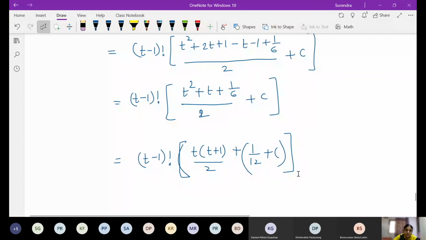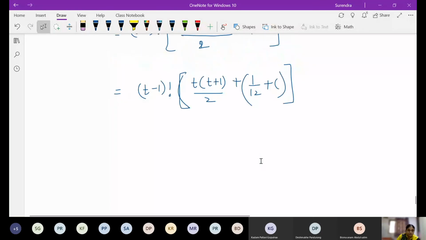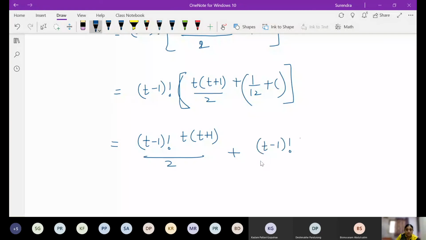I will treat this as another constant, say d. T plus 1 divided by 2 plus t minus 1 factorial into d, where d is nothing but 1 by 12 plus c. Is that okay?